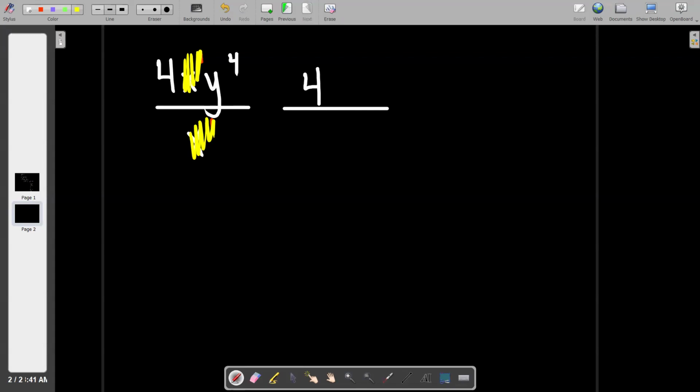And so then all I'm left with is my y to the fourth, and it sits on top. So my answer, this looks weird. I don't like it like this. So my answer is just 4y to the fourth. Don't leave things as fractions if they don't need to be fractions. They just look weird. Braxton, you need help? You're fine.